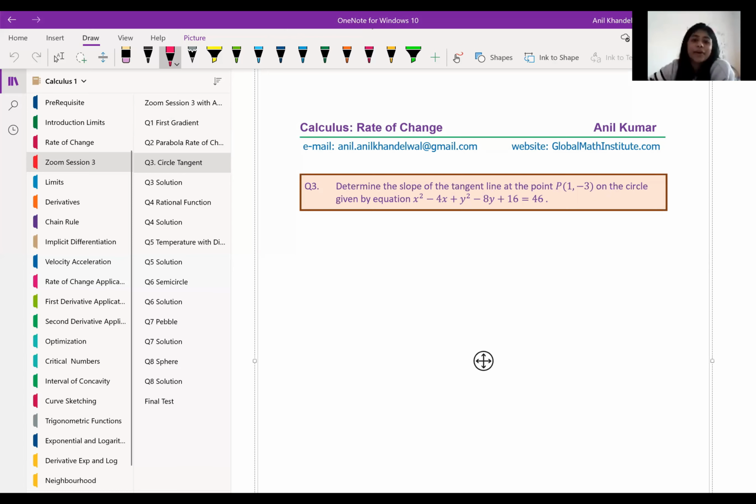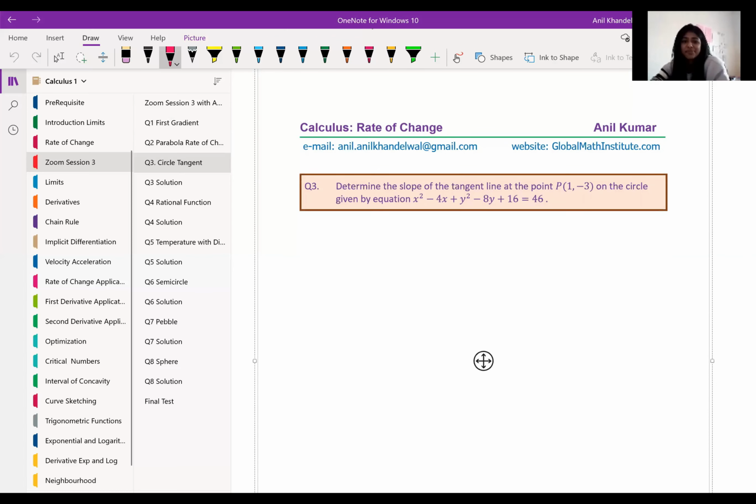Determine the slope of the tangent line at the point P 1, -3 on the circle given by the equation x squared minus 4x plus y squared minus 8y plus 16 equals 46. Yeah. How will you do this?